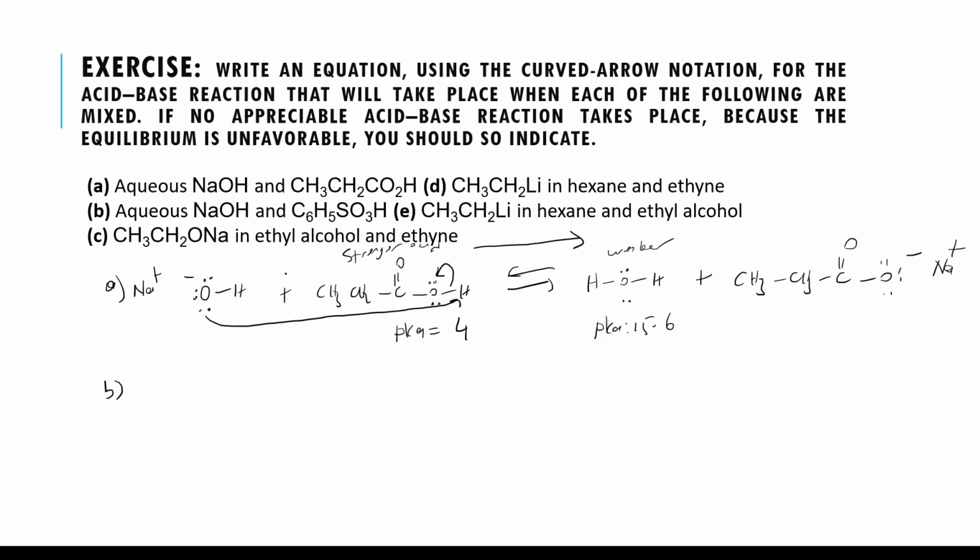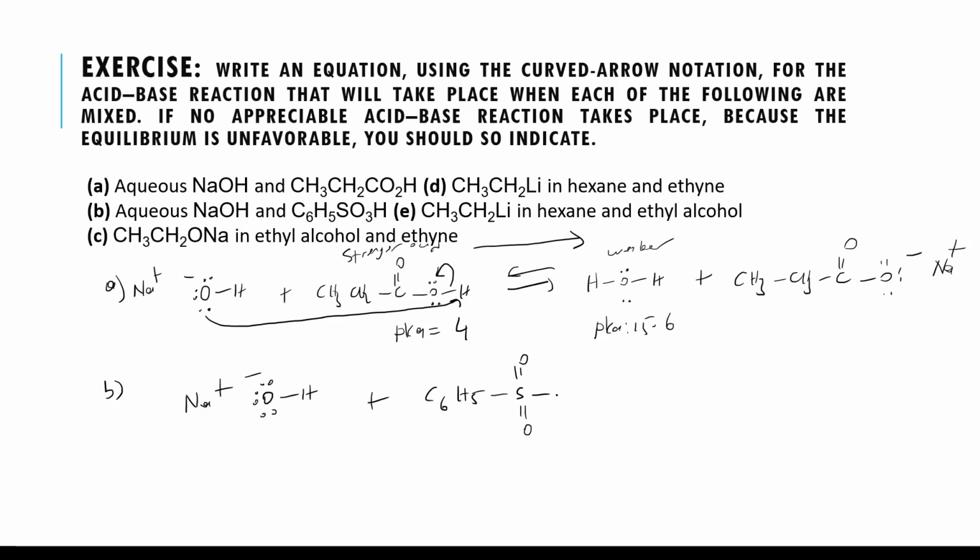The second option says that we have aqueous sodium hydroxide and we have here benzene sulfonic acid. Again, sodium plus and hydroxide. I'm writing the base, the hydroxide, in detail, and this part I'm going to write C6H5.